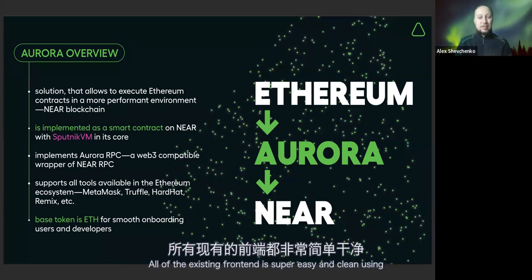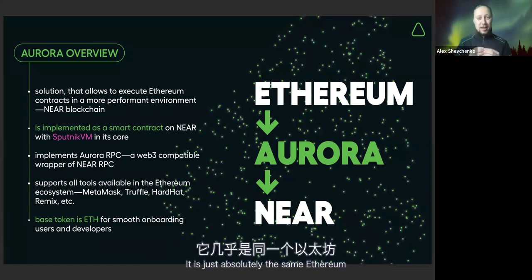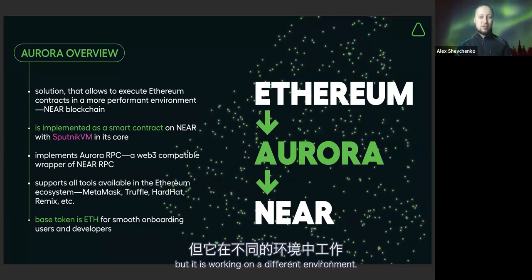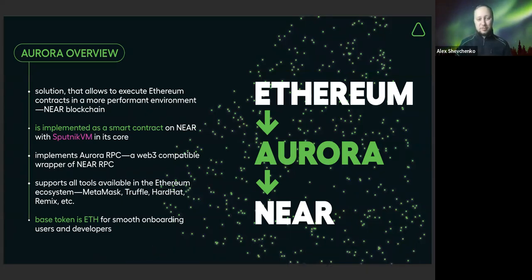The integration of all of the existing front ends is super easy and clean, using, for example, Web3.js or Ethers.js. So it is absolutely the same Ethereum, but working on a different environment. You can think of it as a different chain where Ethereum is spun up.